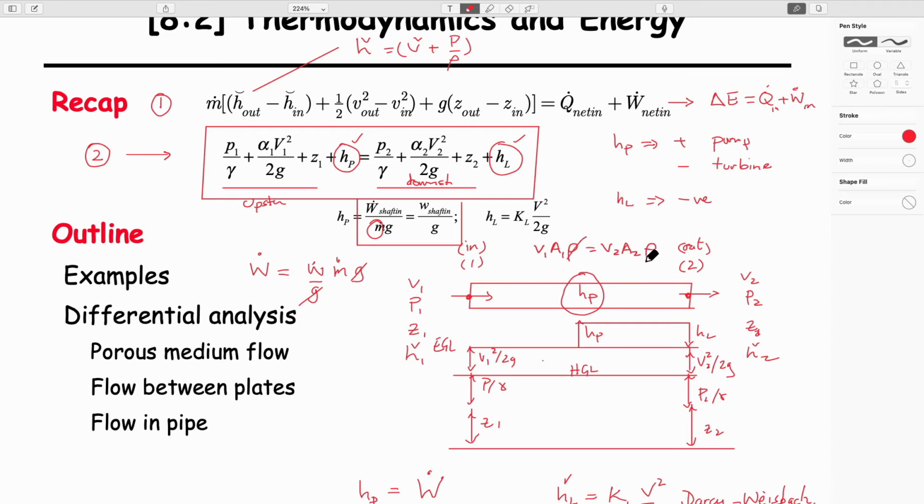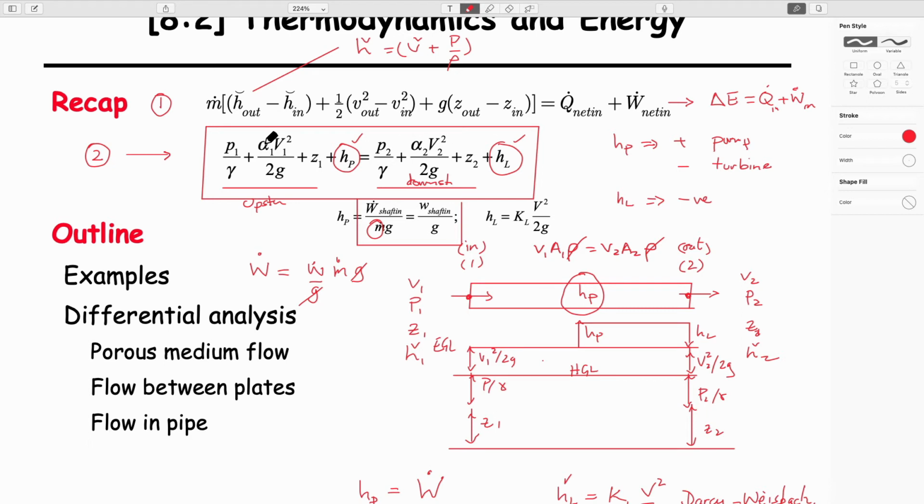Typically densities don't change, and it's just continuity. So if you end up with less terms, then you know how to solve it. If you have 6 terms and you need 8, and one of the velocities is undefined, you can use this to link the 2 velocities together, etc.